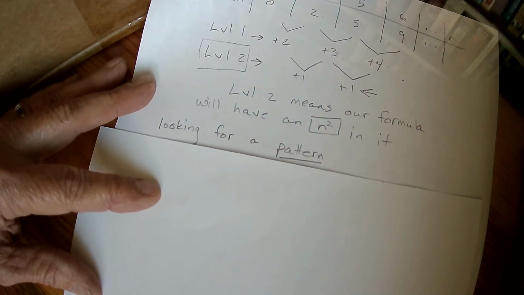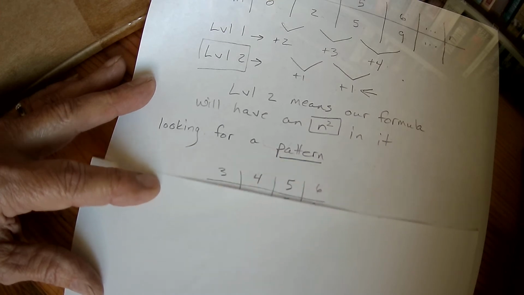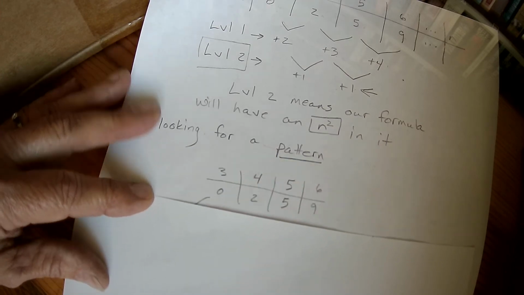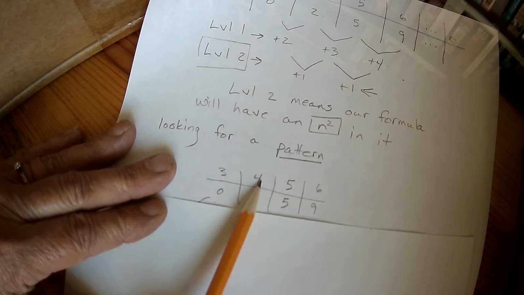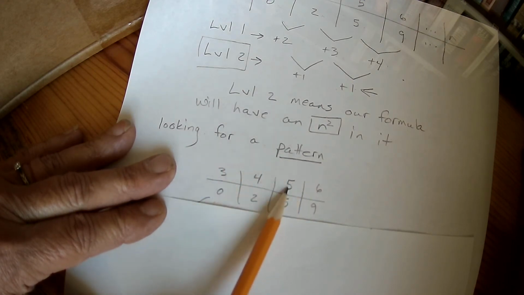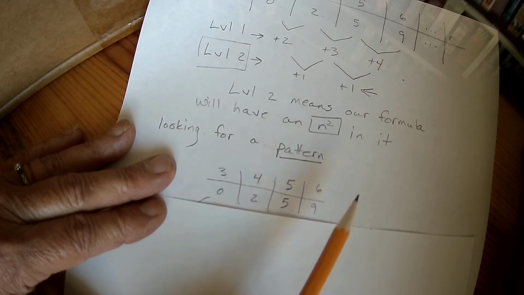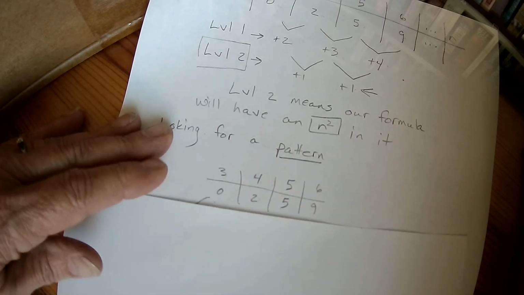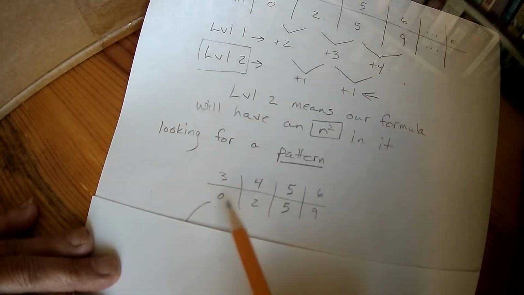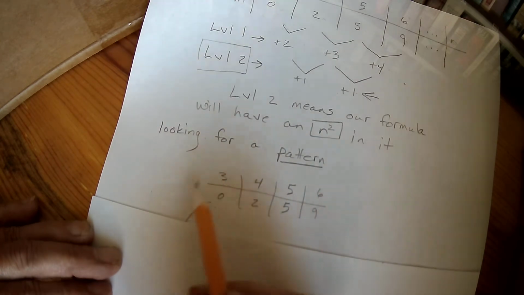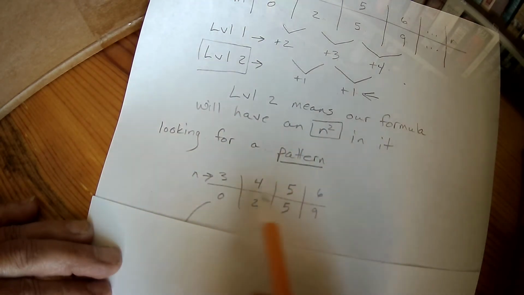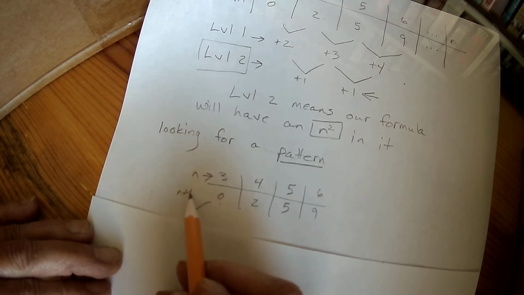Okay, so now we want to look for a pattern. I'm going to go ahead and repeat inputs, outputs. A 3-sided figure has 0, a 4-sided figure has 2, a 5-sided figure has 5 diagonals, and a hexagon has 9. What we're looking for is a connection, a pattern between the number of sides, which is n, and the number of diagonals, and we call this the nth term.